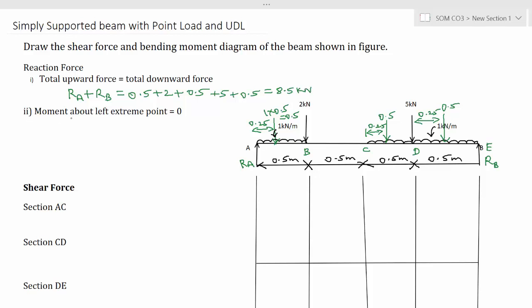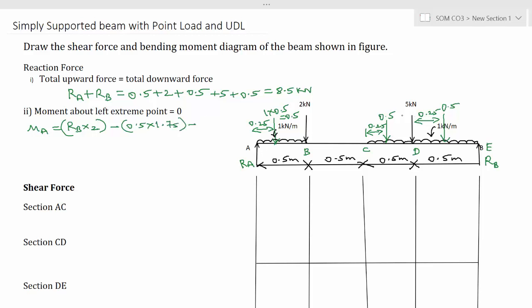Then the second equation is moment about the left extreme point is equal to 0. So moment about point A is equal to, starting from the right side, RB into the perpendicular distance, which is 1 and 2, so it is RB into 2 meters, then minus 0.5 into the distance, which is 0.5 plus 0.5 plus 0.25. So it is 1.5 plus 0.25, it is 1.75.